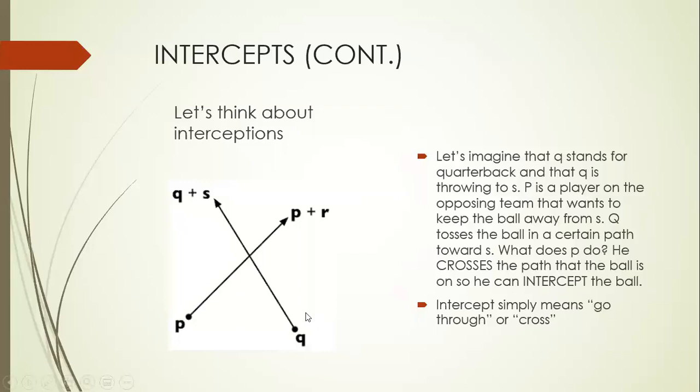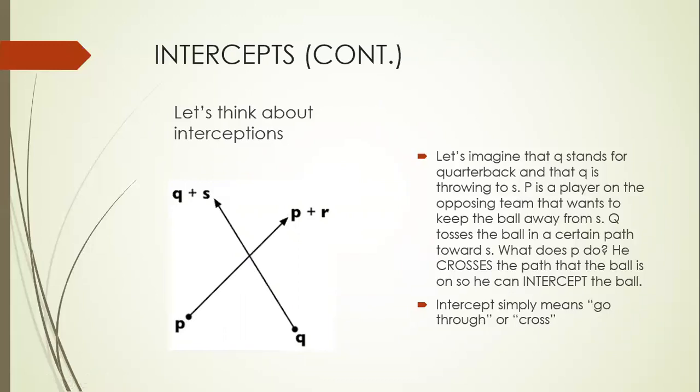So what is Pat going to do? Well, the quarterback takes the ball, he throws it to Steve, and Pat runs from this direction. And at this exact moment right here, Pat keeps the ball away from Steve. He catches the ball and he runs in that direction. So what did Pat just do?